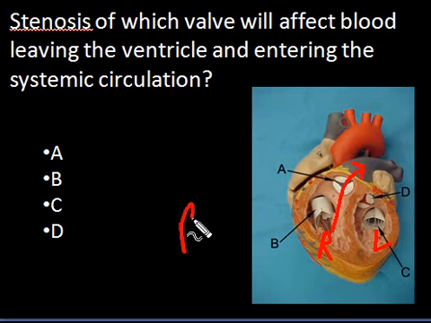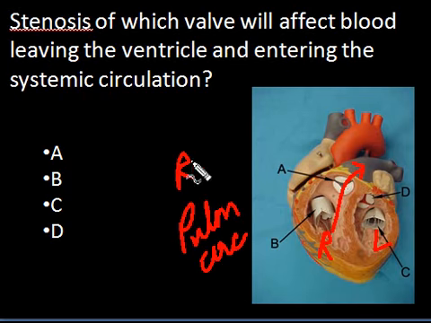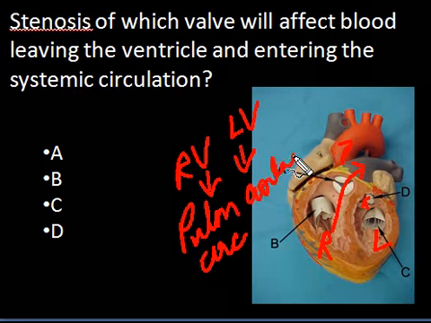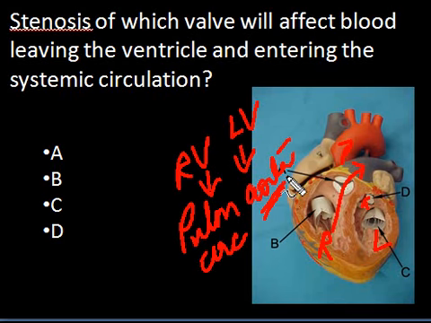So that is pulmonary circulation. From the left ventricle, when blood leaves and goes out, it goes into the aorta. And aorta is part of systemic circulation.